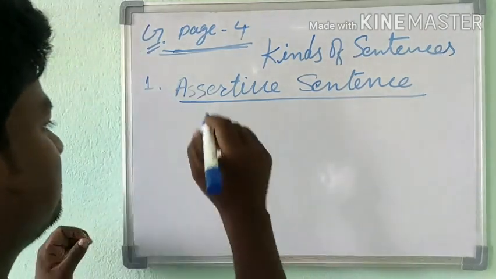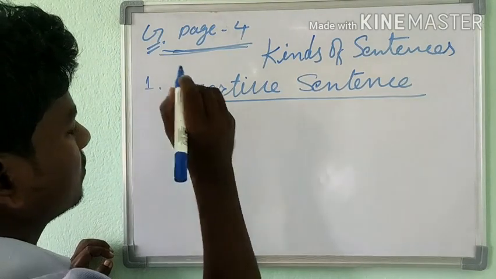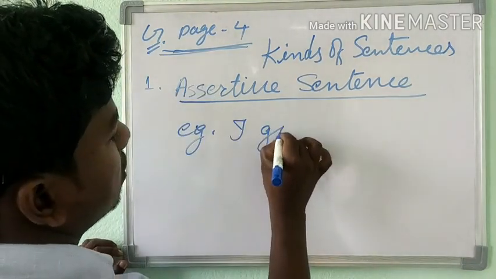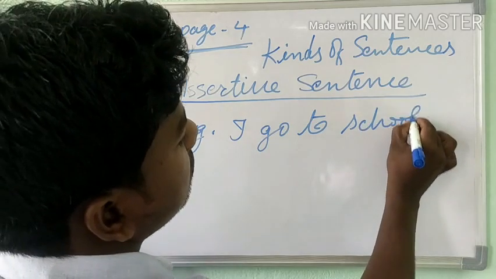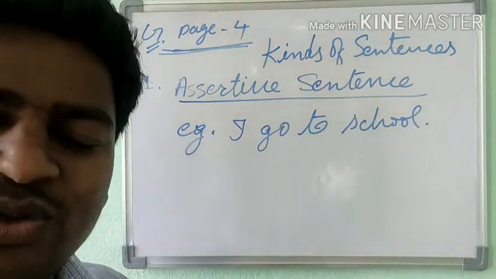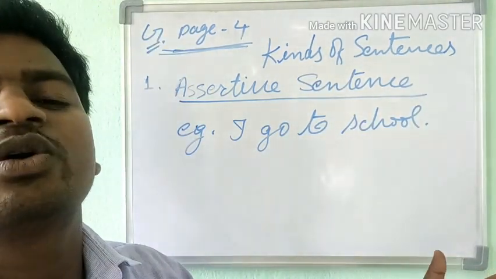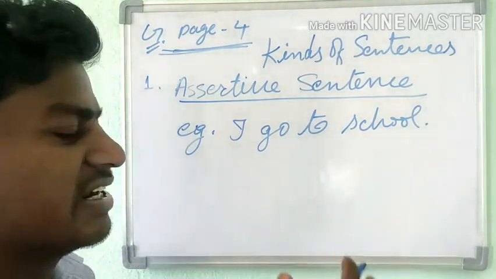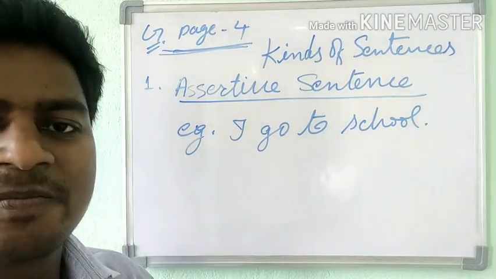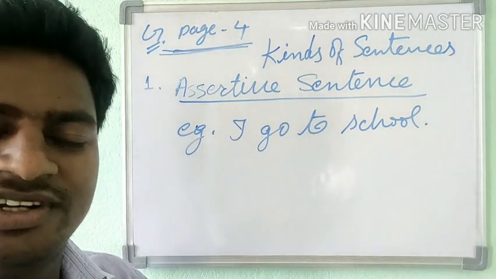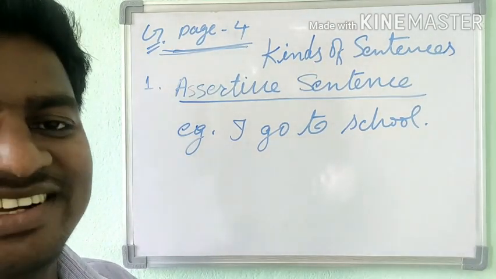For example, I go to school. This is a simple ordinary statement or sentence we made. So these kinds of sentences are called assertive sentences.